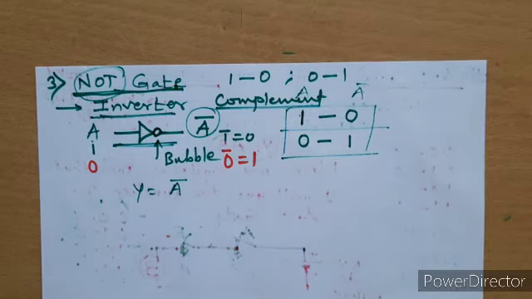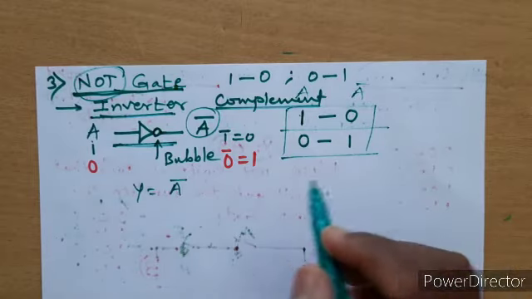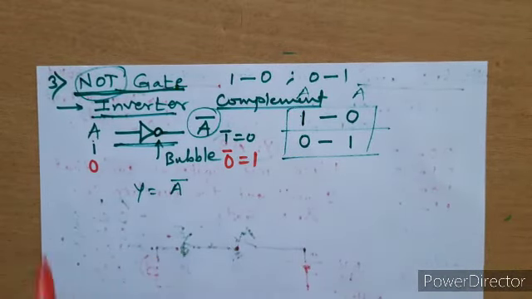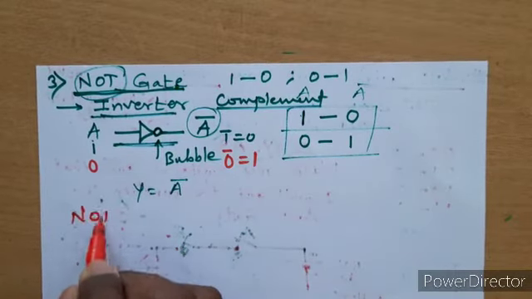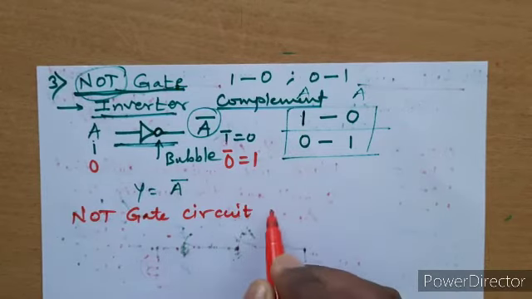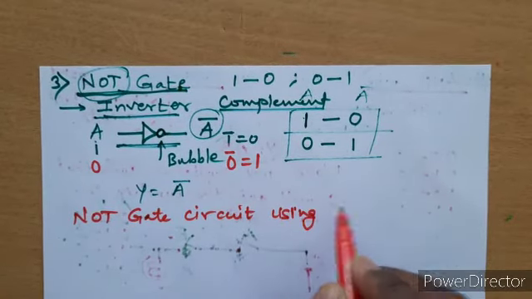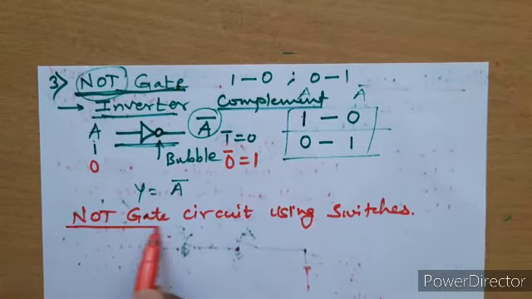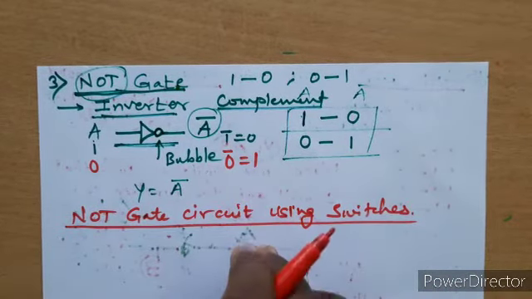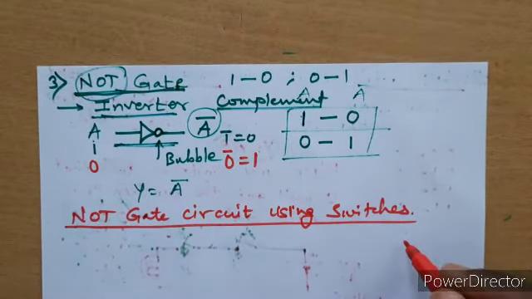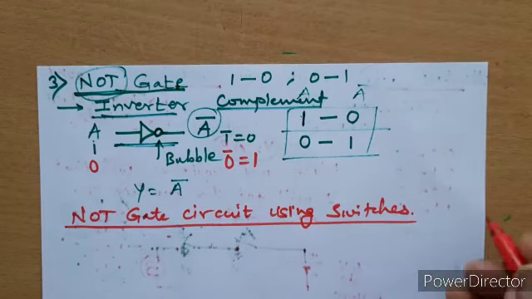Now here you can try this NOT gate circuit using switches. You will really enjoy this assignment, because when your switch is off, your LED is on, right?